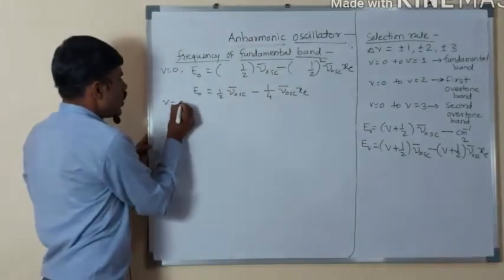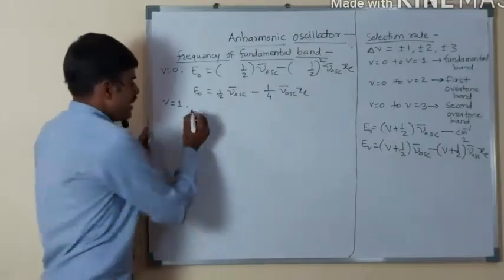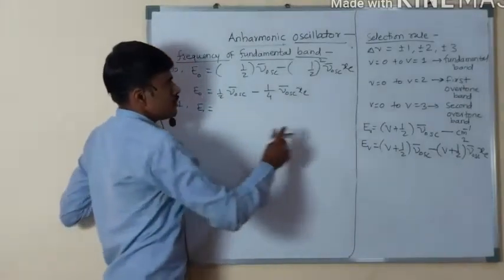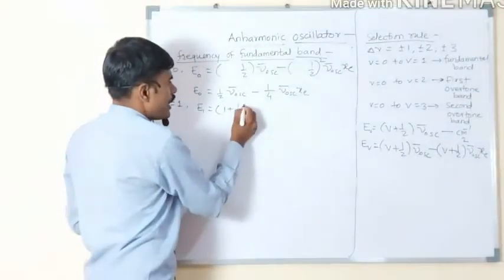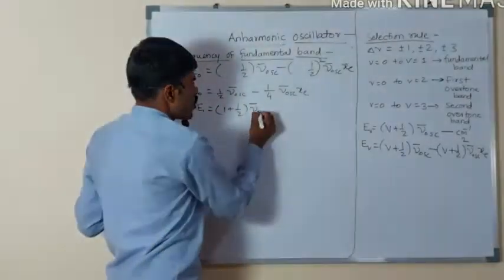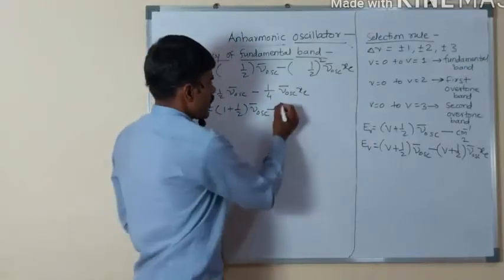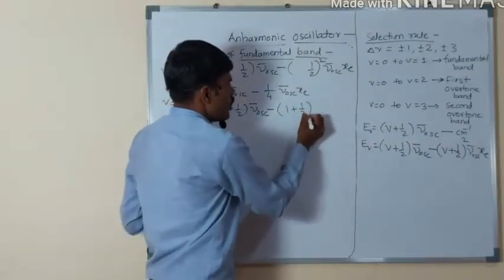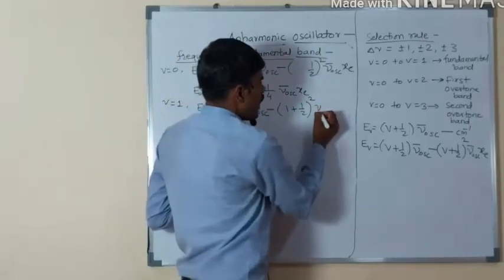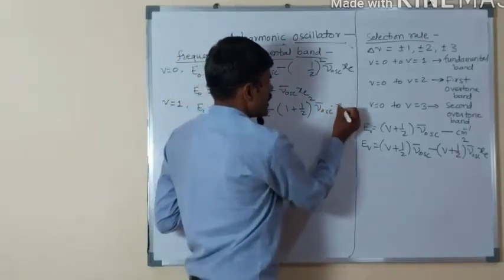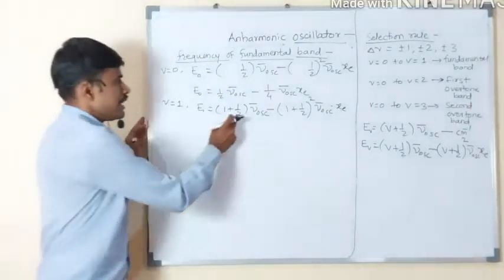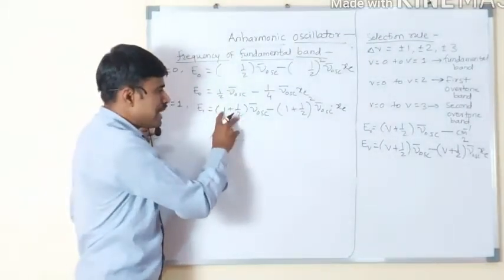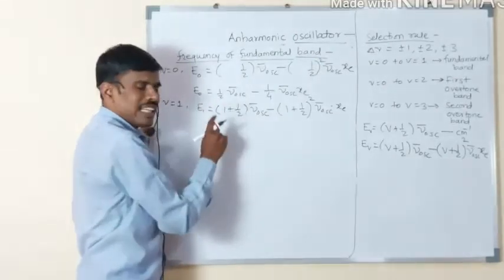For v equal to 1, this energy E1 is equal to, put the value 1 here, (1 plus 1/2) into nu bar of oscillation minus (1 plus 1/2) squared into nu bar of oscillation into Xe. This value is 2 multiplied by 1 is 2 plus 1 is 3.